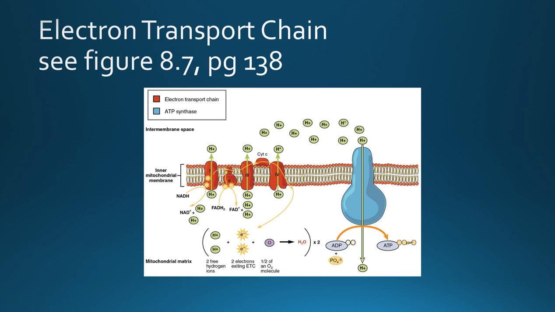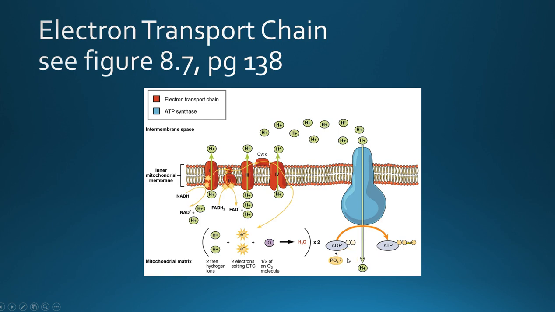In the diagram you can see that the hydrogen ion concentration is being built up in the intermembrane space, and these will go through the ATP synthase to combine the phosphate group with the ADP to make lots and lots of ATP in the electron transport chain.